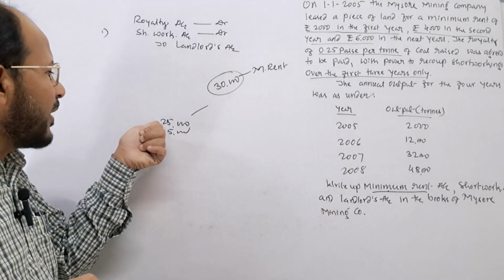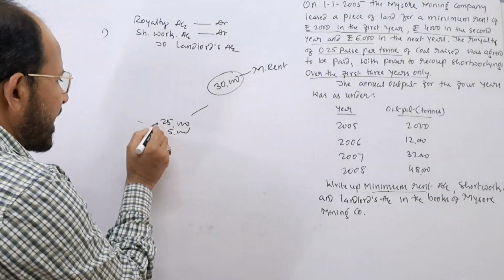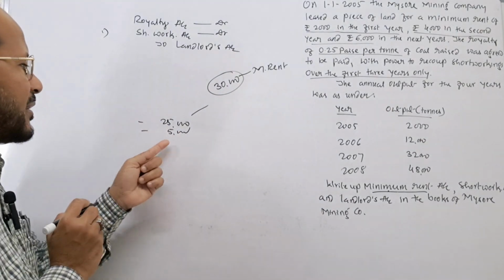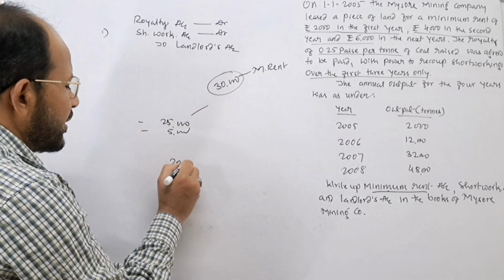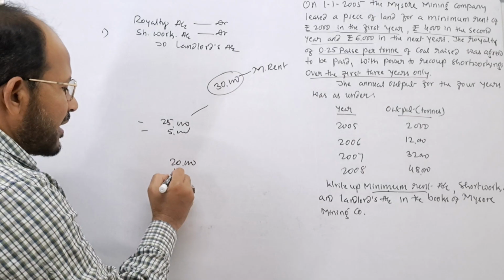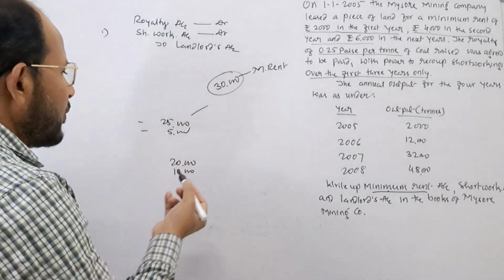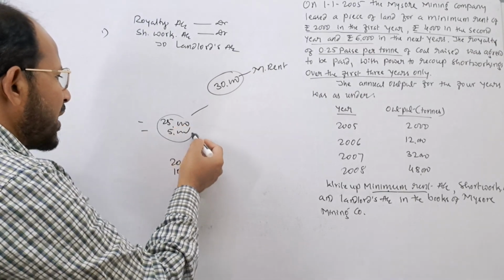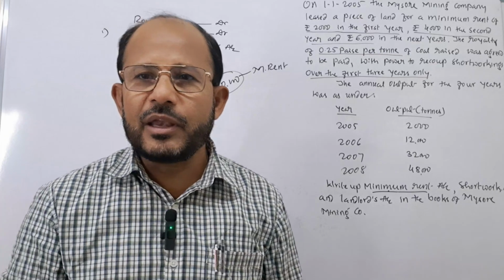If the actual royalty is 25,000, then 5,000 is called short workings. This is the actual royalty and this one is the short working. In case the actual royalty is rupees 20,000, then short workings will be rupees 10,000, right? Therefore, we can say that the total of short workings and actual royalty is nothing but minimum rent.